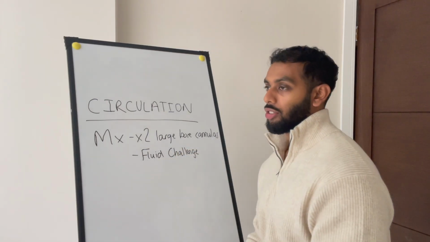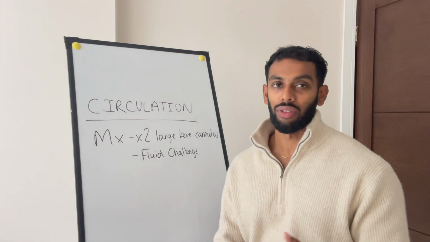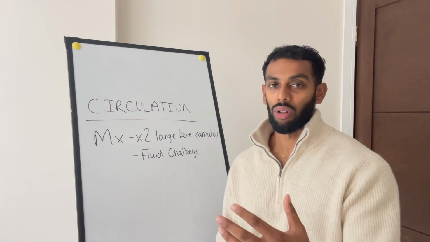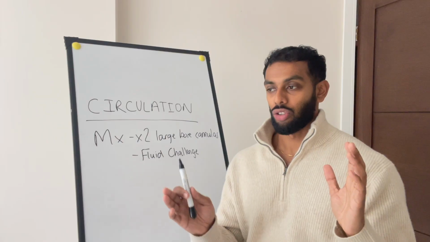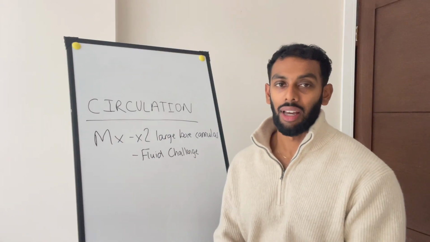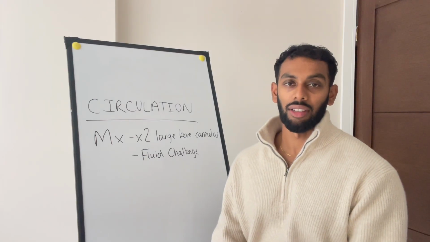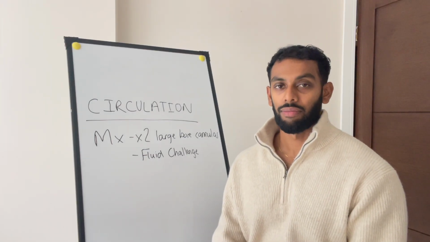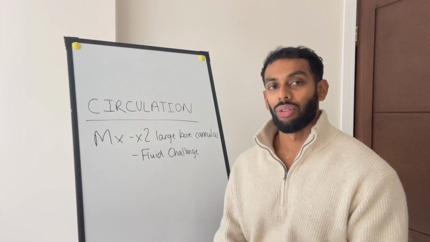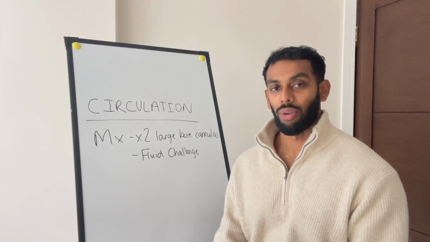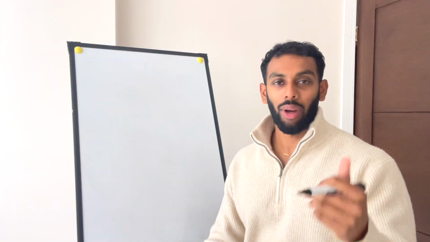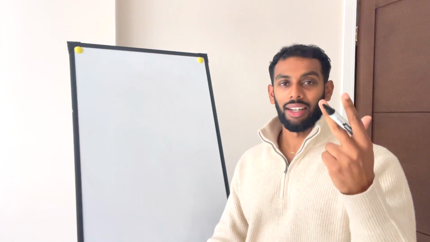A fluid challenge is basically a fancy way of saying that you're giving them a bolus, right? A short gush of fluid, and that's just to bump the amount of blood circulating around their body up. And that is exactly how you solve the circulation problem. Right, so we're happy with A, B, and C.